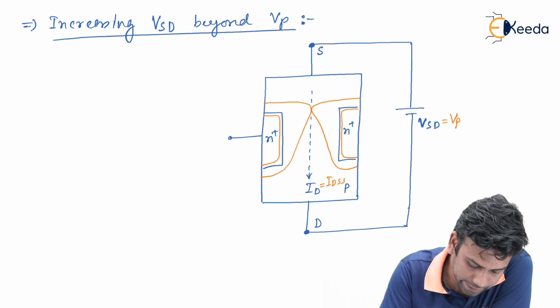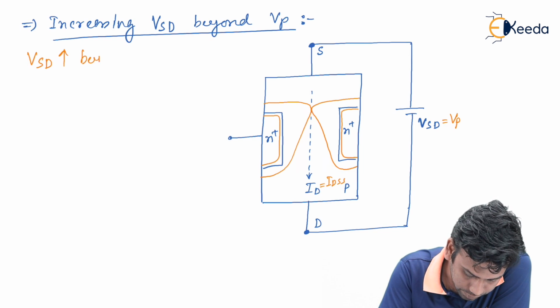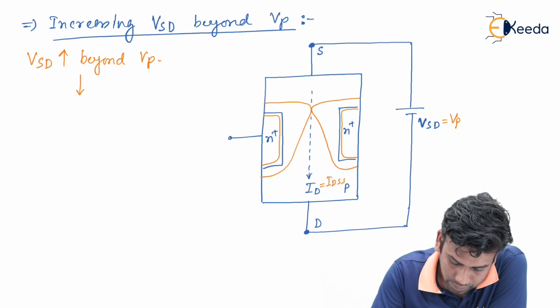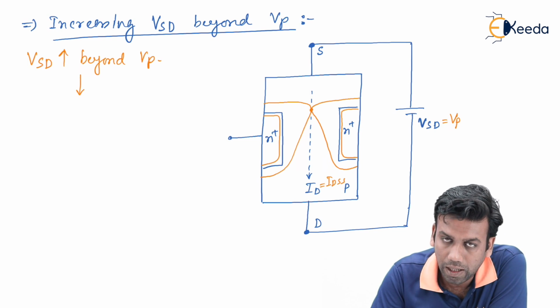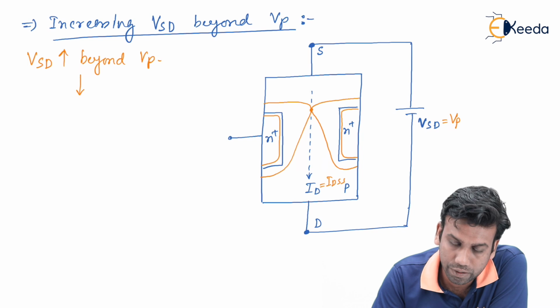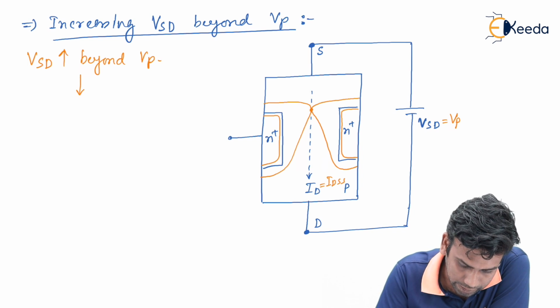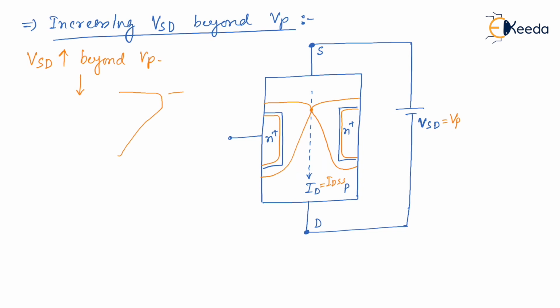Now if I increase VSD beyond Vp, then the touch point at the pinch off condition was a point condition or pinpoint condition. Now, as we increase the VSD beyond the Vp, the touch point will extend, that is, now the touch point will look like this one.